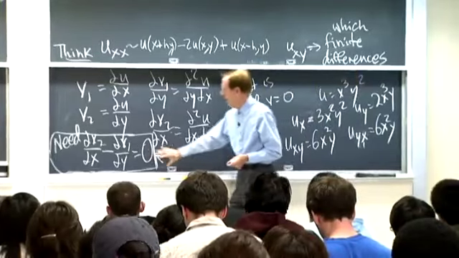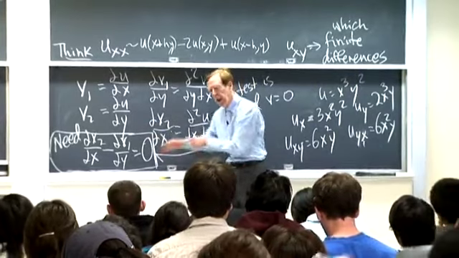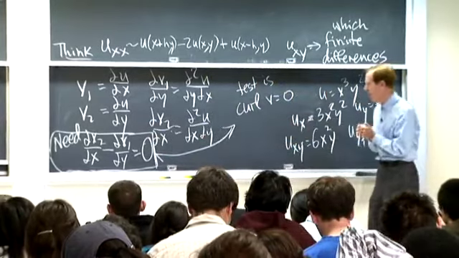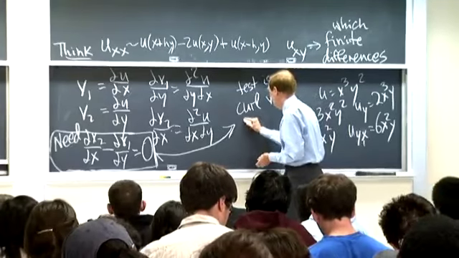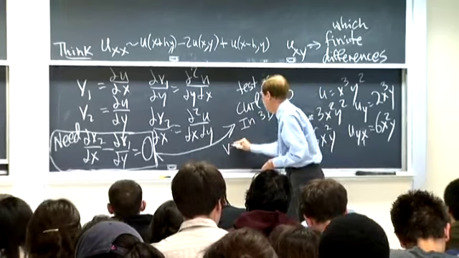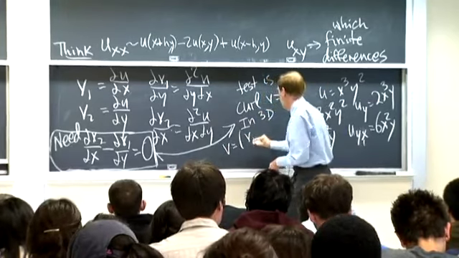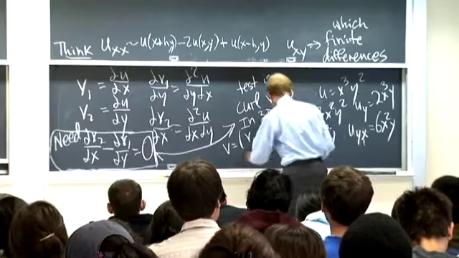I'm saying that this is the curl in a plane. What do I mean by the curl in a plane? In 3D, the V has components V1, V2, and V3, that depend on x, y, z.